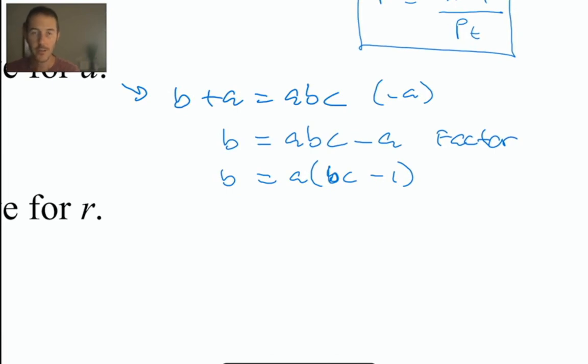Now I'm still trying to solve for A. I still want to isolate A. And this A has a bunch of stuff attached to it by multiplication. So I'm going to detach all of that stuff, the BC minus 1, by division. So let's divide both sides of this equation by BC minus 1.